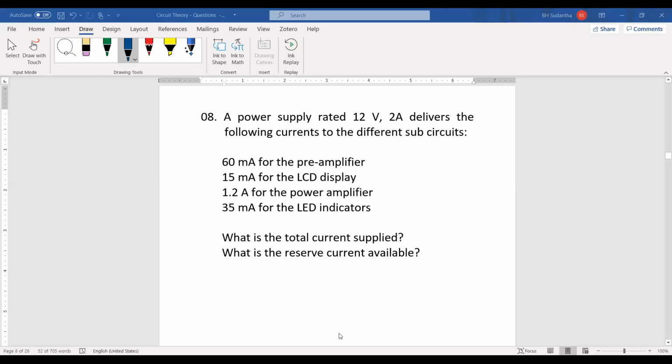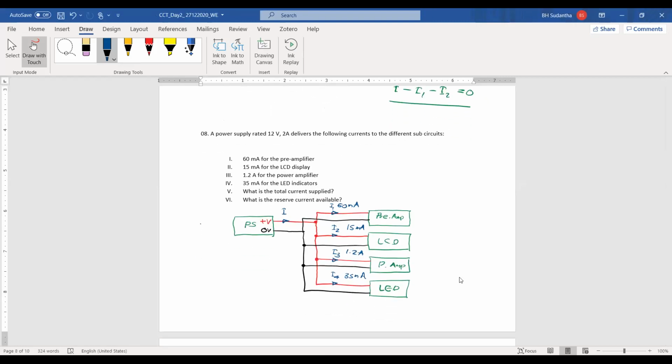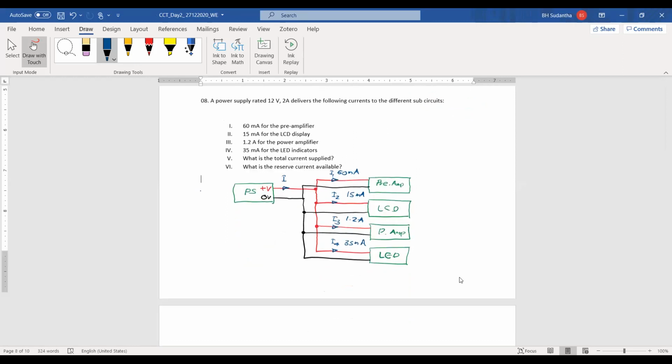So we can't see the screen now. Okay. Now, can I share it again? We can see the question, sir. Now we can see it, sir. Okay.